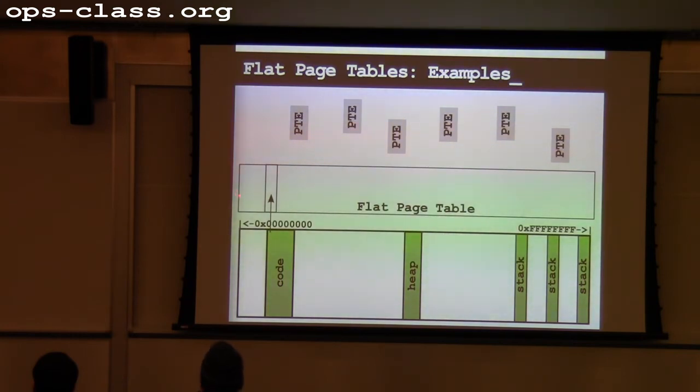How many entries? Let's say I have 2 gigabyte virtual address spaces, 32-bit addresses. How many entries does this flat page table have to have? The top 20 bits of my address are the virtual page number. It turns out that I would need 2 to the 10th, which is big.